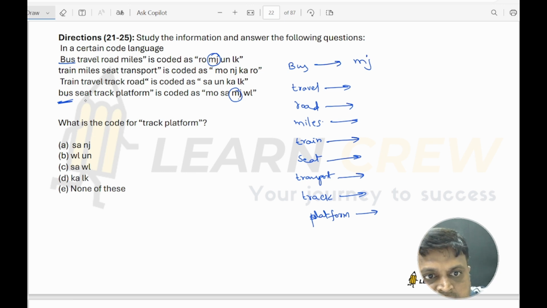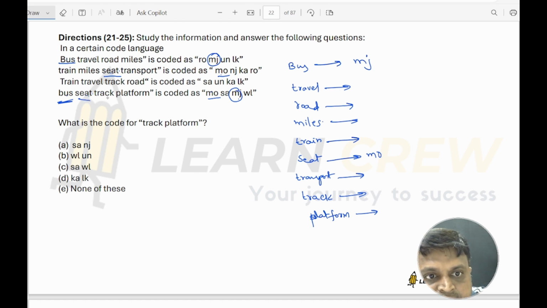So, before that, about seat. Seat is present here as well as here, second and fourth. What is common for seat? In these two, MO is common. So, seat is MO.